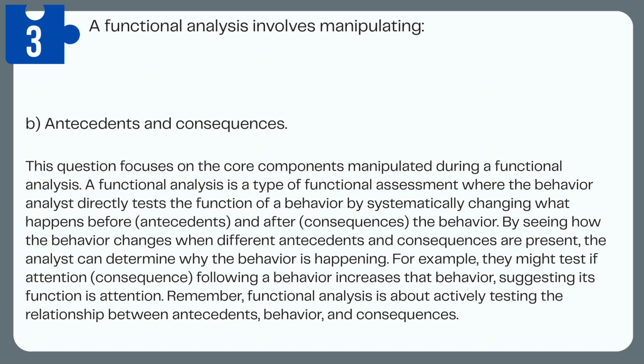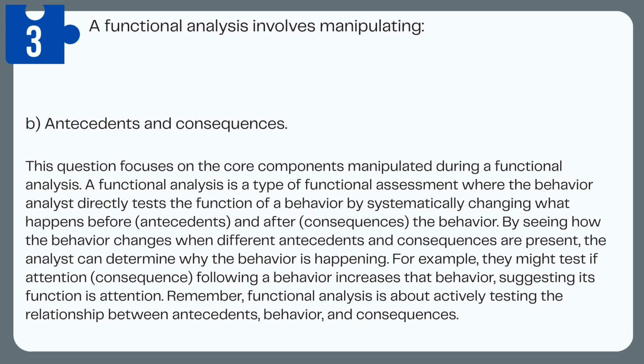Answer: B. Antecedents and consequences. This question focuses on the core components manipulated during a functional analysis. A functional analysis is a type of functional assessment where the behavior analyst directly tests the function of a behavior by systematically changing what happens before (antecedents) and after (consequences) the behavior, seeing how the behavior changes when different antecedents and consequences are present.